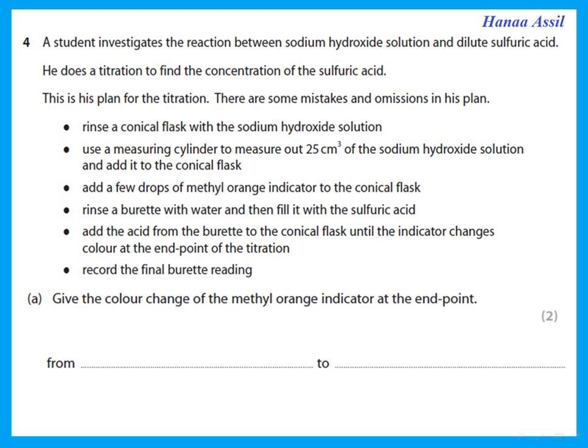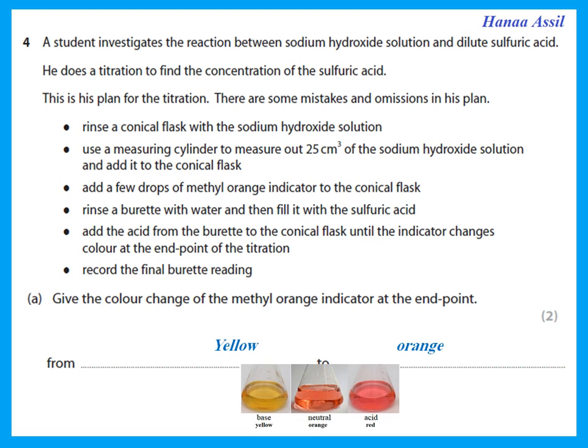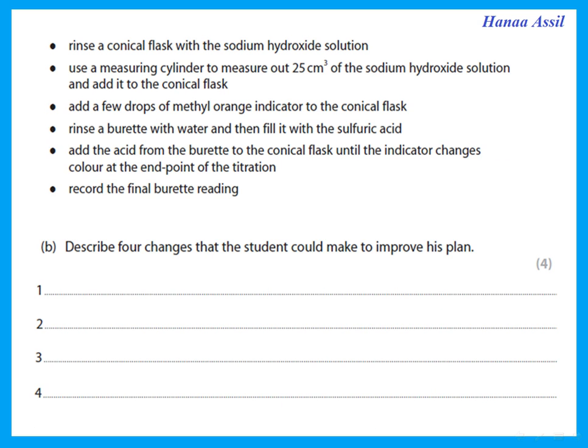He added the methyl orange to a flask that has sodium hydroxide, so he's starting with a base. Remember that methyl orange in base is yellow. And at the end point, when the solution becomes neutral, the color becomes orange.